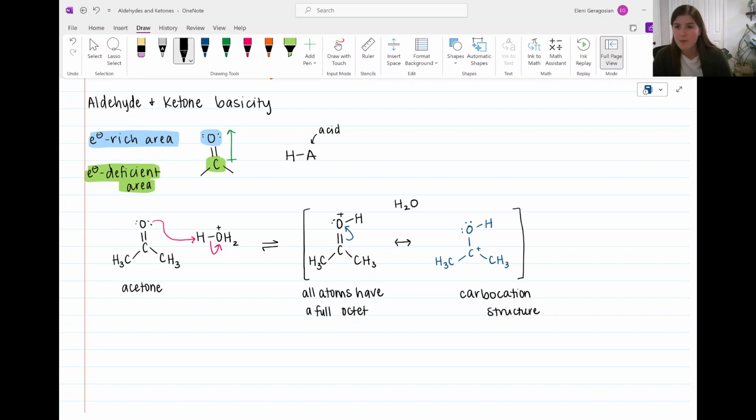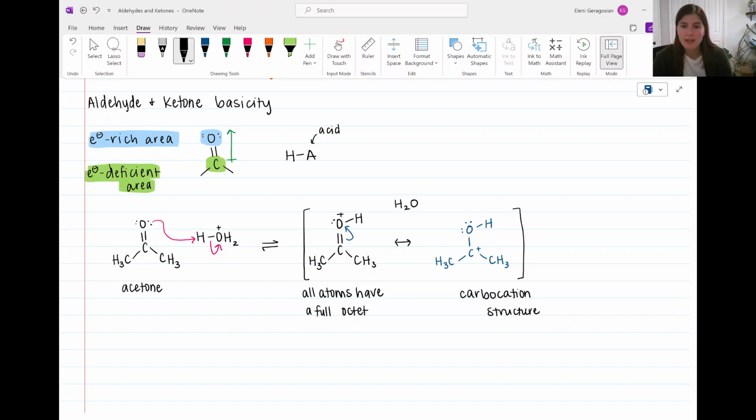So you may be wondering, why do we even show the carbocation structure if the first one that we drew is the more stable one, the more significant resonance contributor? Well, when we're thinking about resonance, this can help us understand the bonding or the reactivity of these molecules.